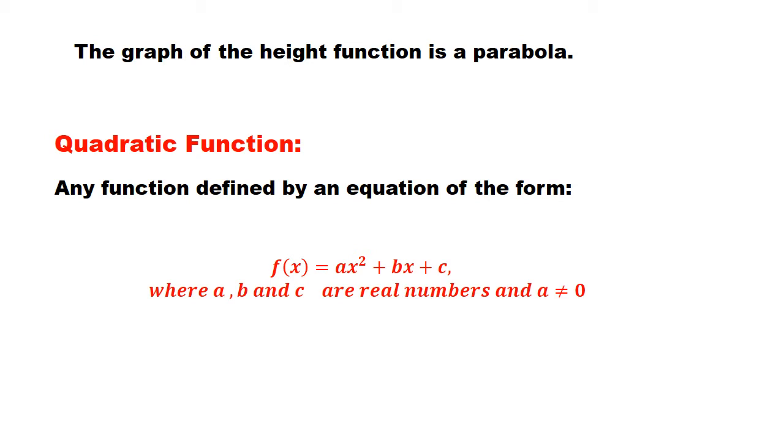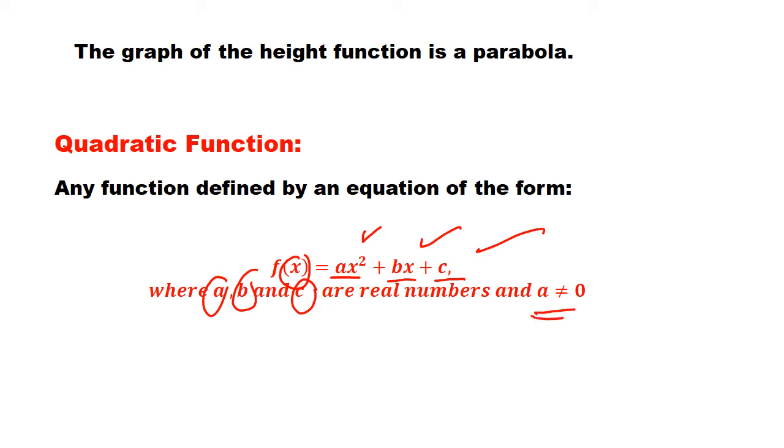So the graph of the height function, as we saw, is a parabola. And parabolas represent a quadratic function. So what is a quadratic function? A quadratic function, if we are talking about x being the input, a quadratic function on x would be the sum of three terms. It would be ax squared as my first term, plus bx plus c. A, B, and C are going to be called the coefficients, and A, B, and C are going to have to be real numbers.